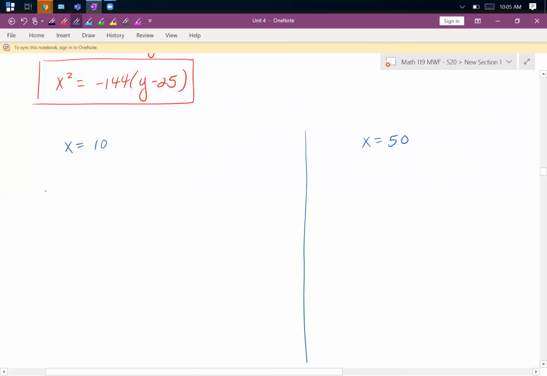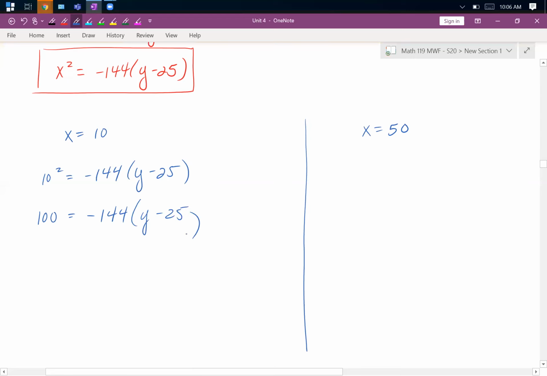All right, so plugging in 10, that's going to be 10 squared equals negative 144 times y minus 25. 100 equals negative 144y. Oh, you know what? It'd probably be easier to divide by that negative 144 instead of distributing. I'm going to do that instead. All right, so dividing by 144 doesn't go in even, but I can simplify the fraction.